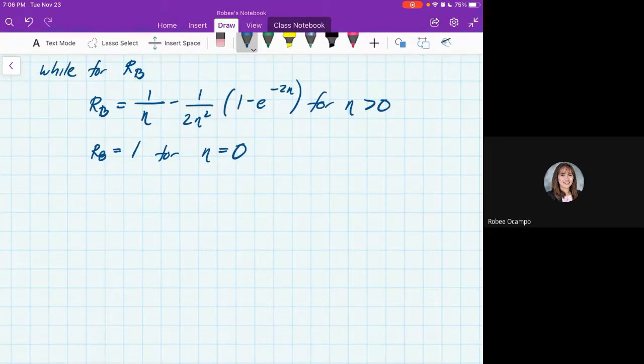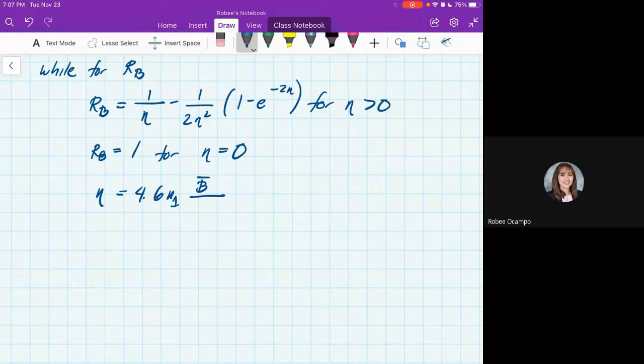So rewrite lang natin yung equation for nu. So this is 4.6 times N1 times B bar, because we're going to compute for the value of RB, so we're going to use B instead of H. Kanina H yung ginamit natin yung height.